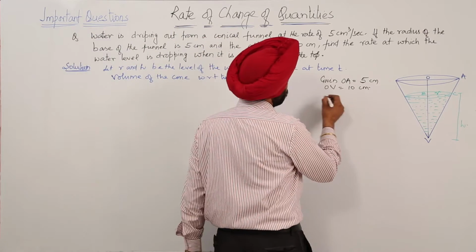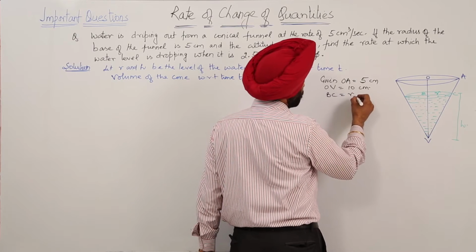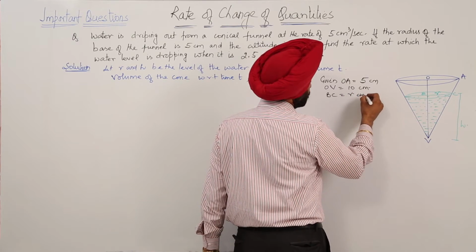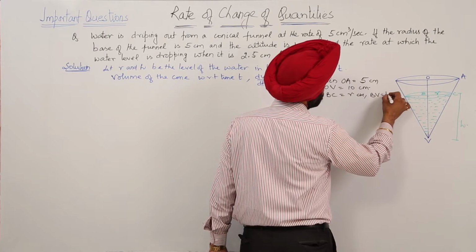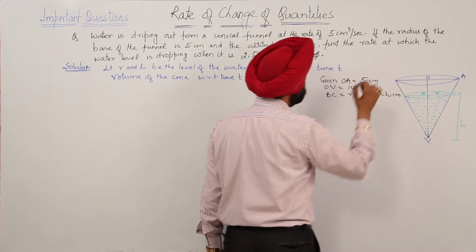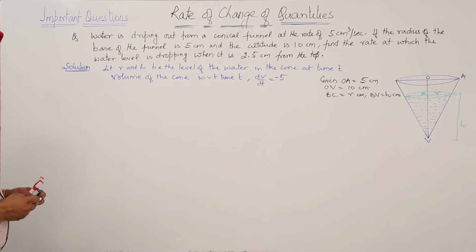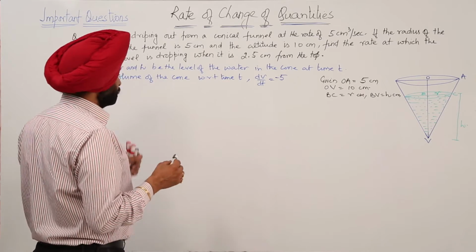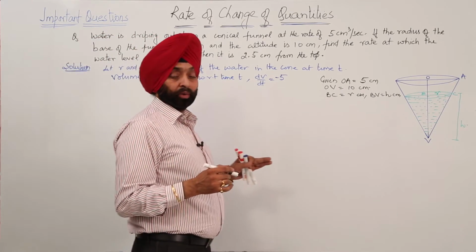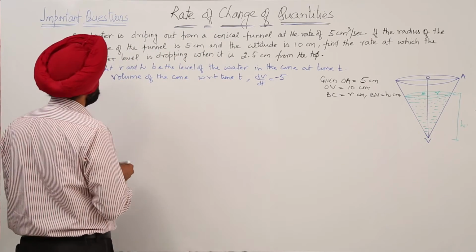Okay, and now what we have taken, BC is equal to R centimeter and BV is equal to H centimeter. Now from this conical part, what else we can take? Let's proceed now.